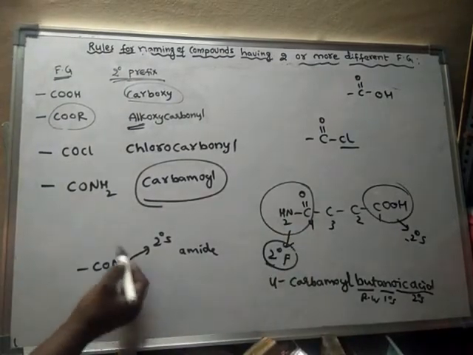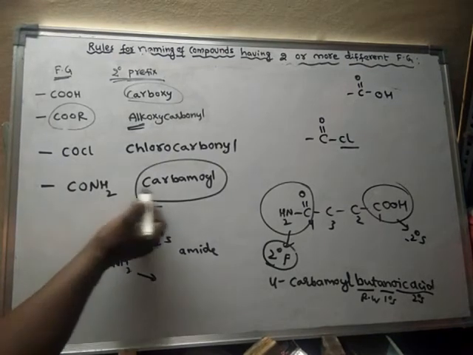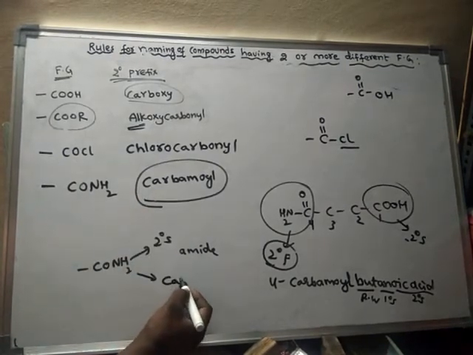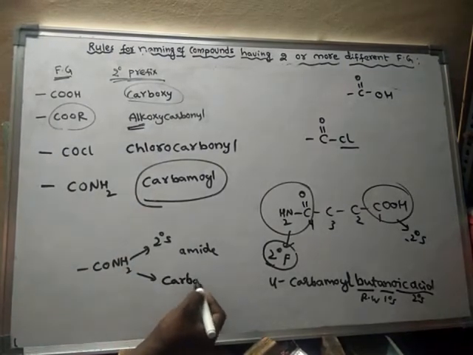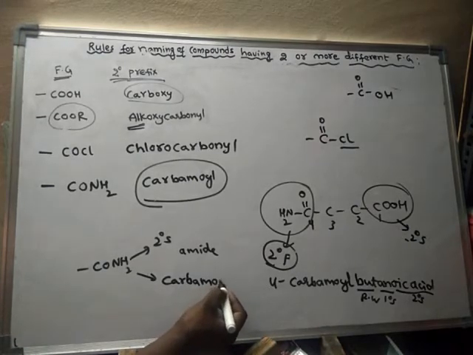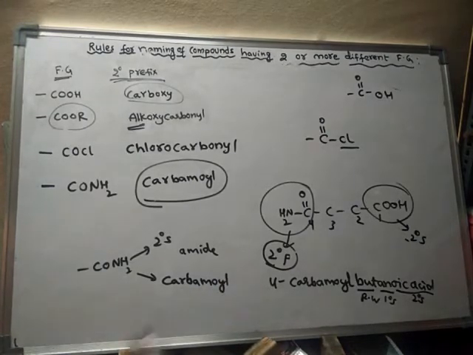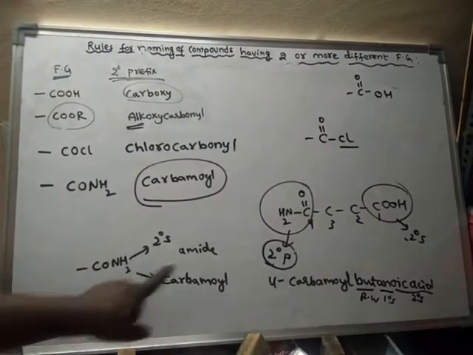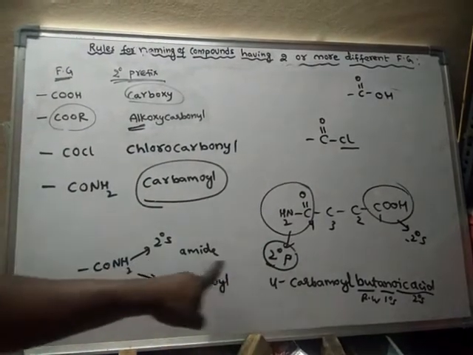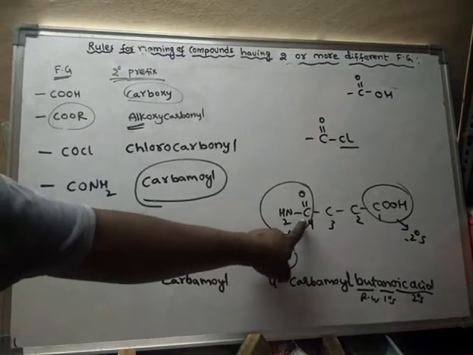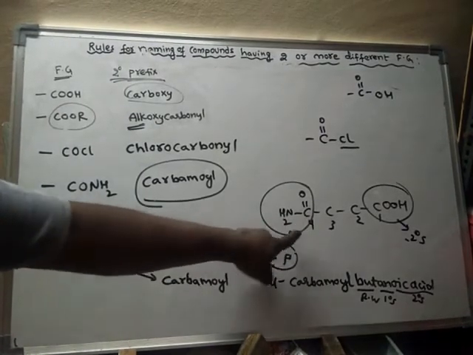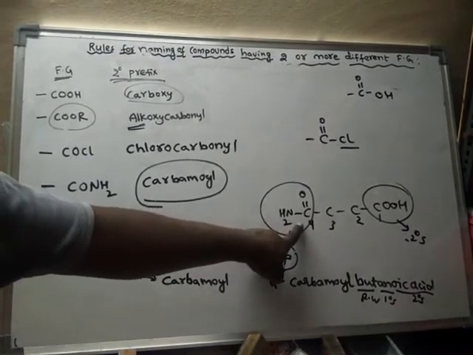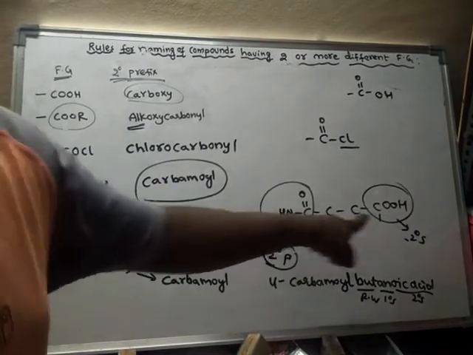So what is the secondary prefix for amide? It is called carbamoyl. Hence we have to use the secondary prefix name only. I cannot use amide for this one, because here it is a less important functional group than this one.